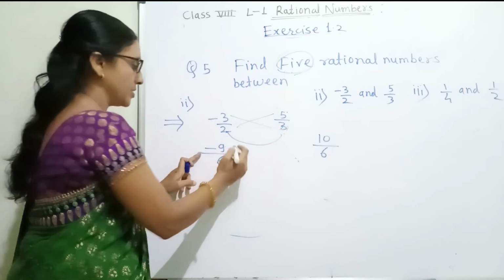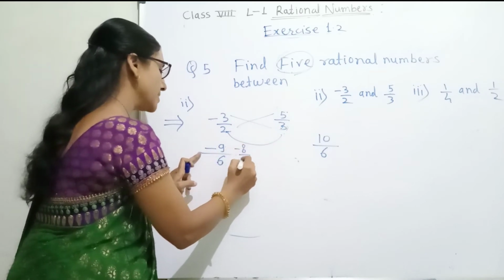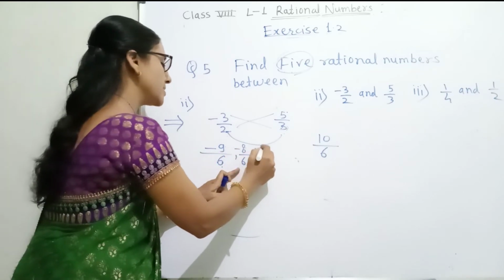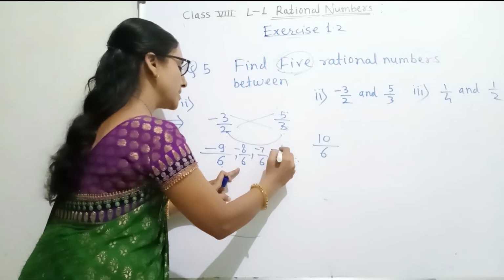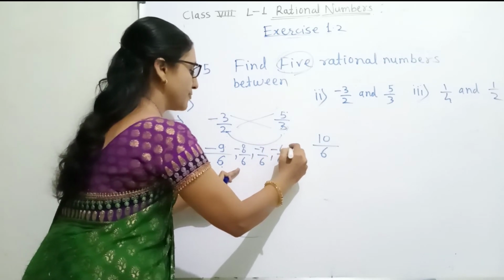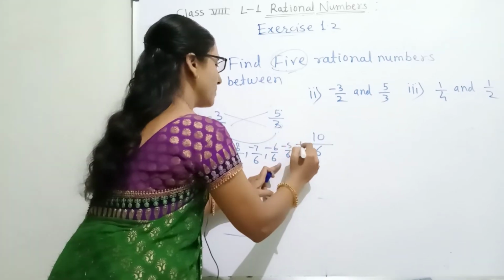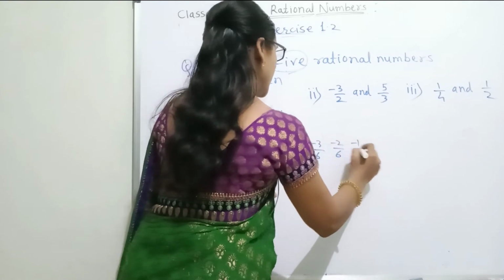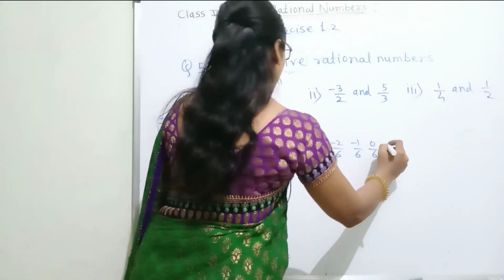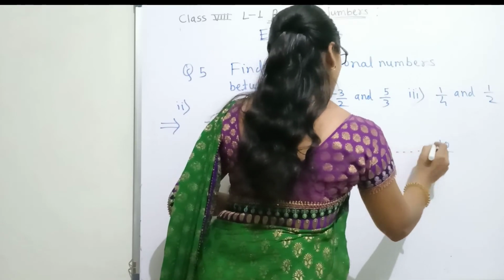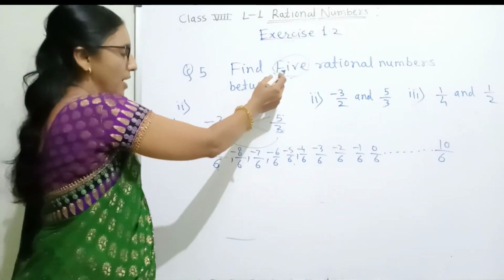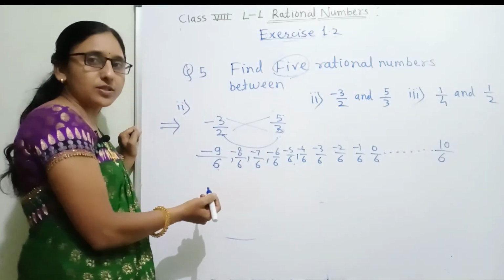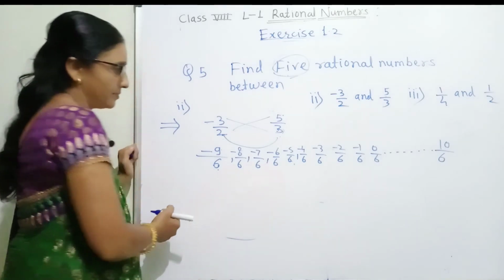Minus 9 by 6 and here 10 by 6. Between them: minus 8 by 6, minus 7 by 6, minus 6 by 6, minus 5 by 6, minus 4 by 6, minus 3 by 6, minus 2 by 6, minus 1 by 6, 0 by 6, and so on. And we want only 5 rational numbers. So out of these rational numbers we can select any 5 rational numbers and write the answer.